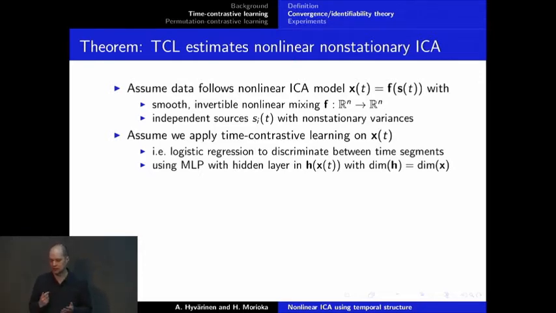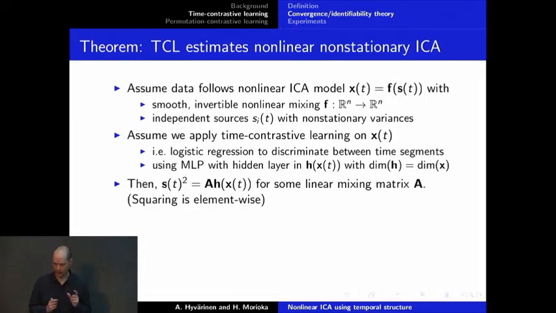That is logistic regression to discriminate between different time segments, where we use an MLP, where now the hidden layer has the same number of units as there are observed variables. Then we can prove, well, that takes almost one page to prove, but actually it's a reasonably simple proof.